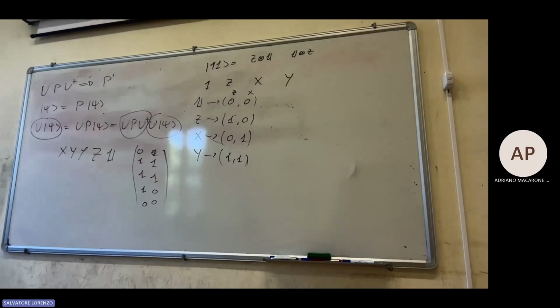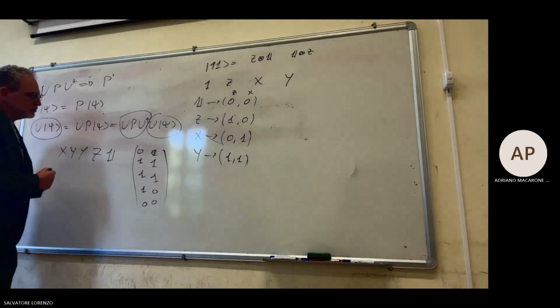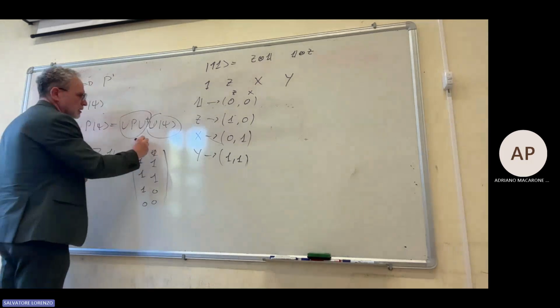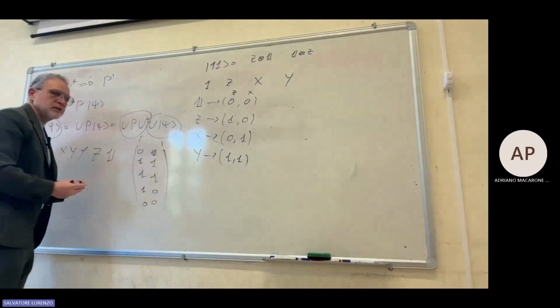But this is still not complete, because for the stabilizer state there is also the phase factor. The phase factor has only 4 values, +1, -1, plus i, minus i. So obviously we need only 2 more bits to define if it is +1, -1, plus i, minus i.